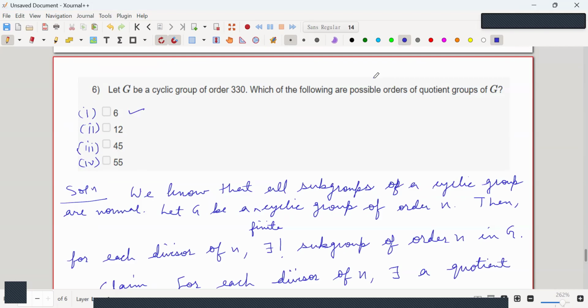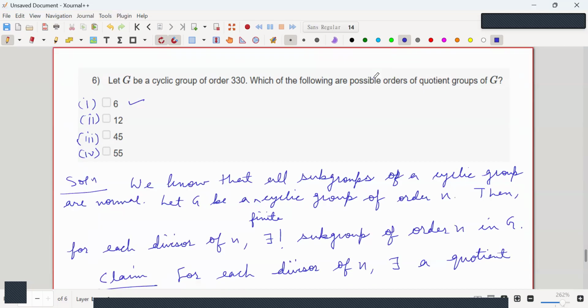But we have shown that they are exactly the same. Since normal subgroups correspond to the divisors of n and quotient groups also correspond to divisors of n, the quotient groups have to be precisely those which correspond to the divisors of n, right?